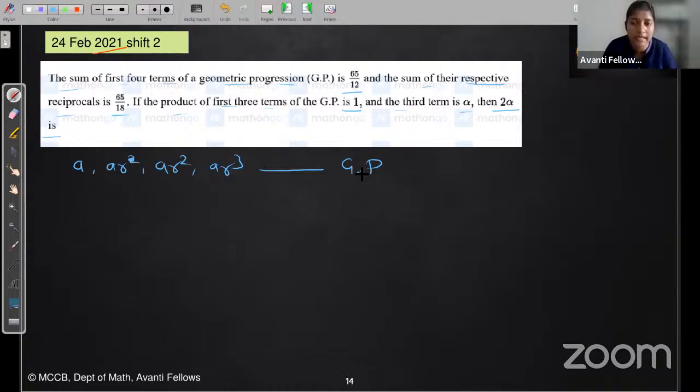Now a question might arise in your mind: ma'am, while discussing the properties of GP, you said that whenever four terms of GP are given, we have to consider A by R cube, A by R, AR and AR cube. But here you have considered A, AR, AR square and AR cube. Why so?